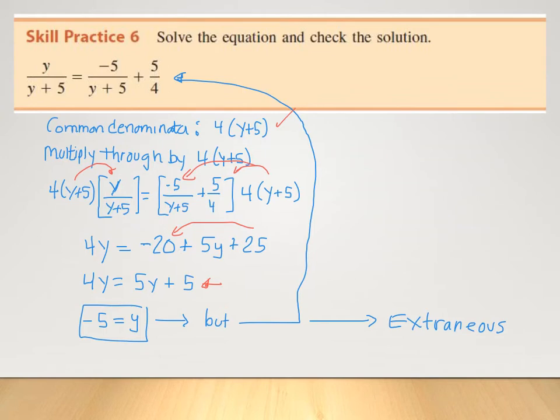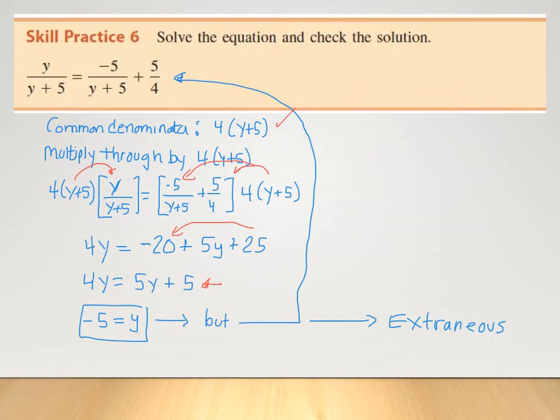And now we have to combine like terms for both sides of the equation. So we move the 5 over to the left-hand side. We get a negative 5 on that side, and we subtract a 4y from both sides, and so ultimately we get a negative 5 is equal to y. But guess what?